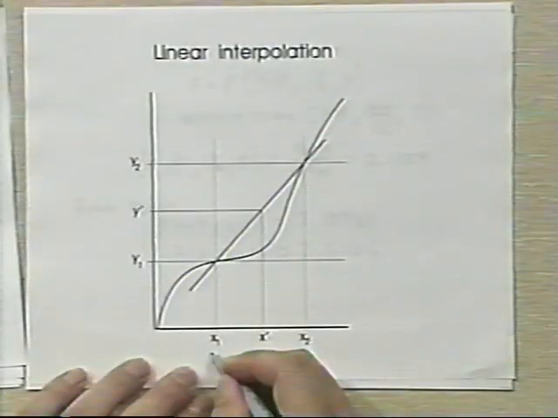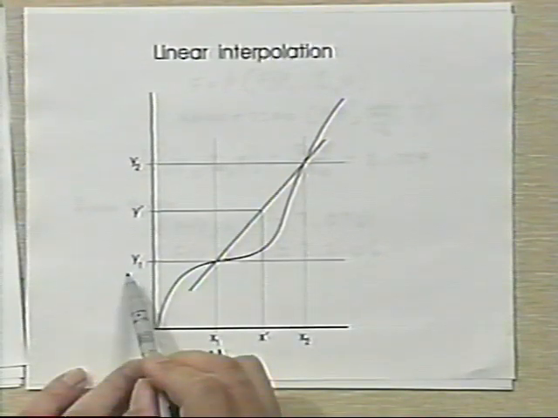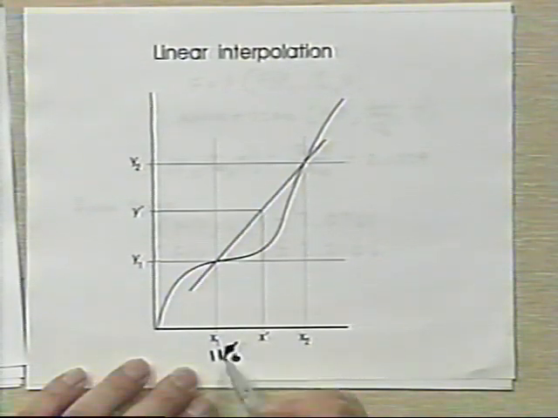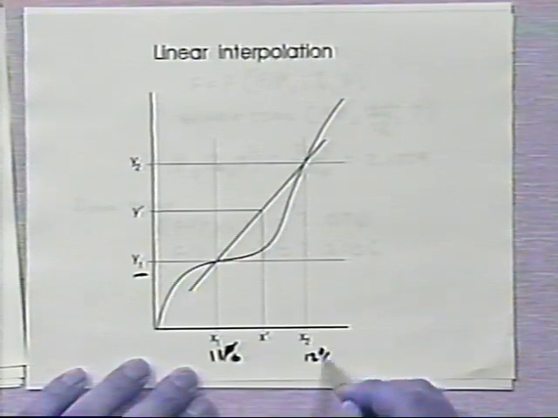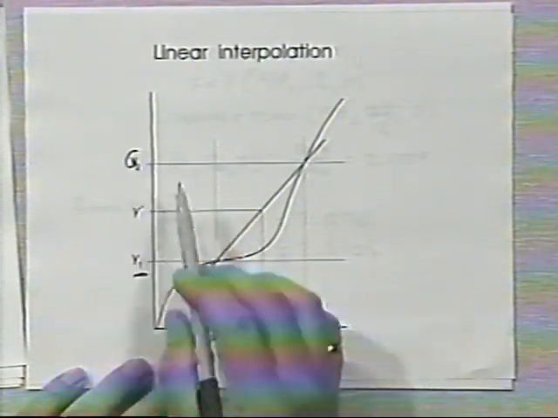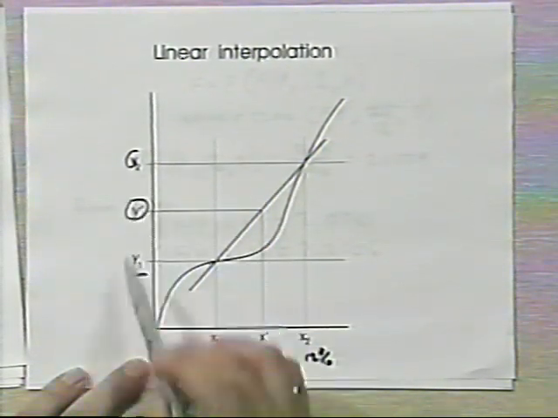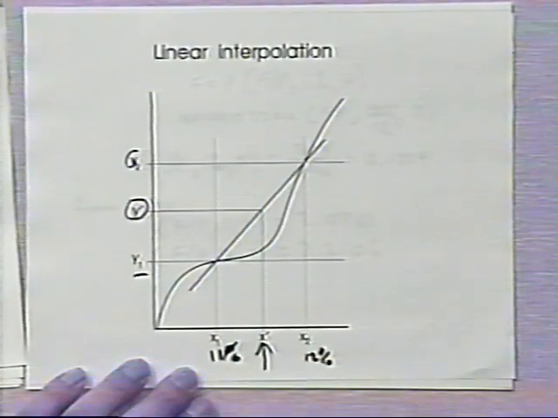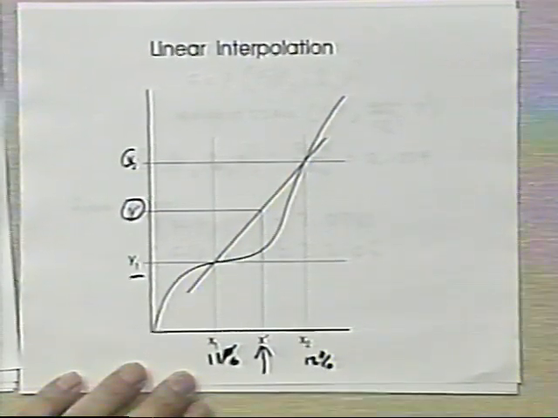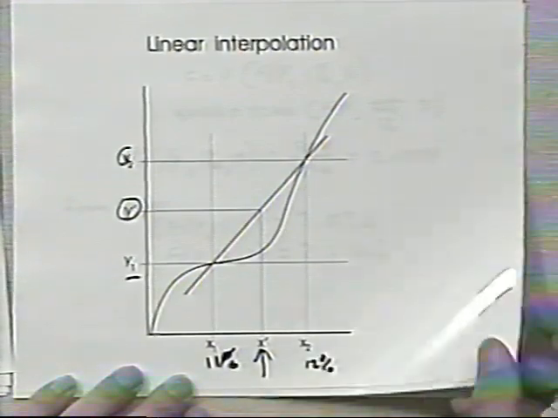So on our little chart, we know 11% and a corresponding value of y, 12% and a corresponding value of y. We know a particular value, y prime, and we want to calculate this x prime. That's our linear interpolation problem, and we can use our linear interpolation formula.